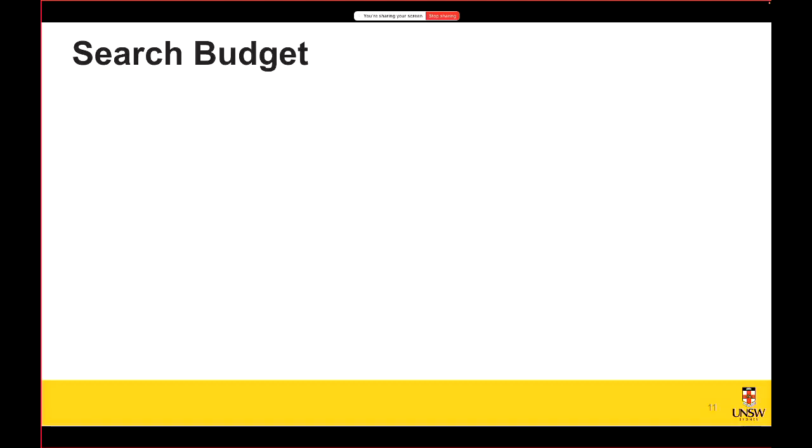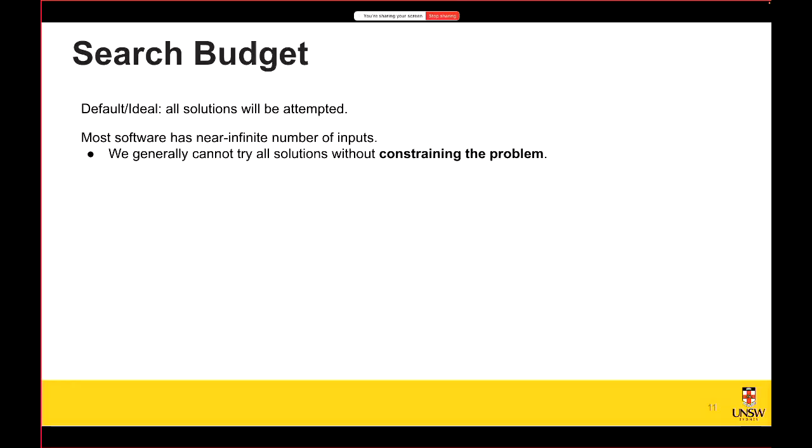So we have to have some budget when we do this searching. The ideal case is that all solutions should be tried, but we don't have enough time and money, and because it's infinite, we have to add some constraints to the problem. That's why we need to introduce a search budget.